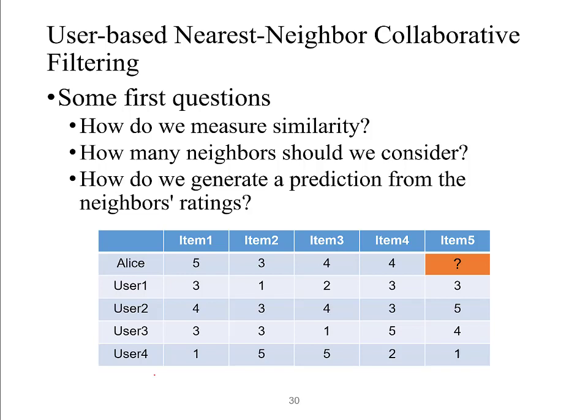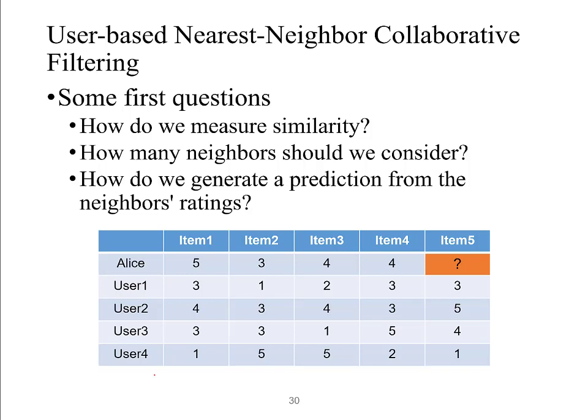do we measure the similarity? We want to find the users that have similar tastes as Alice, but what is a similar taste? What do we use to measure the similarity? And how many neighbors should we consider? Because these neighbors have different similarity to Alice, which neighbors should we consider?